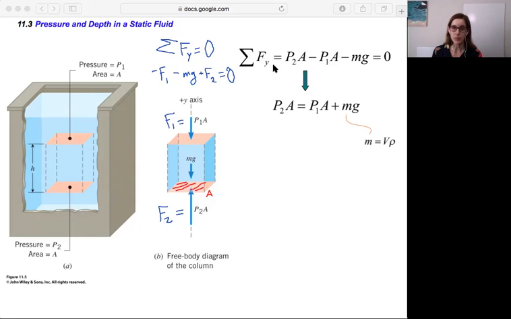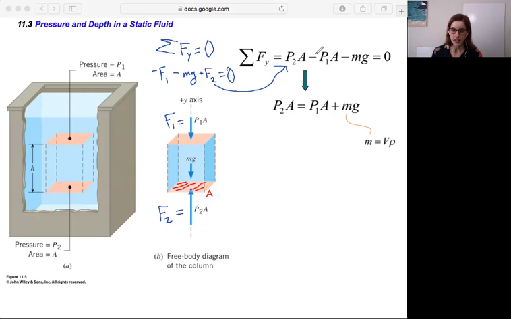So here it's written a little more nicely. The sum of the forces in the y direction is equal to 0. Now what we can fill in is that the force is just equal to P1 times A or P2 times A for each of those forces. So force 2 is going to be P2 times A, force 1 is P1 times A, and then mg.